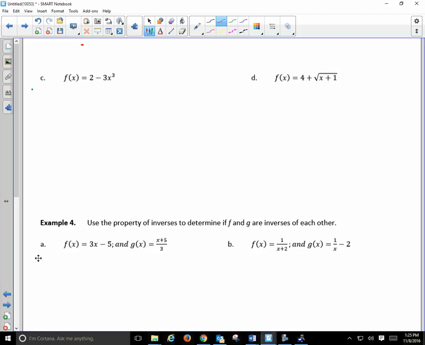Here we have a cubic, so we have y is equal to 2 minus 3x cubed. So I need to take x and set it equal to 2 minus 3y cubed. How will we solve this? Anybody? Very good. Subtract 2. Divide by negative 3.